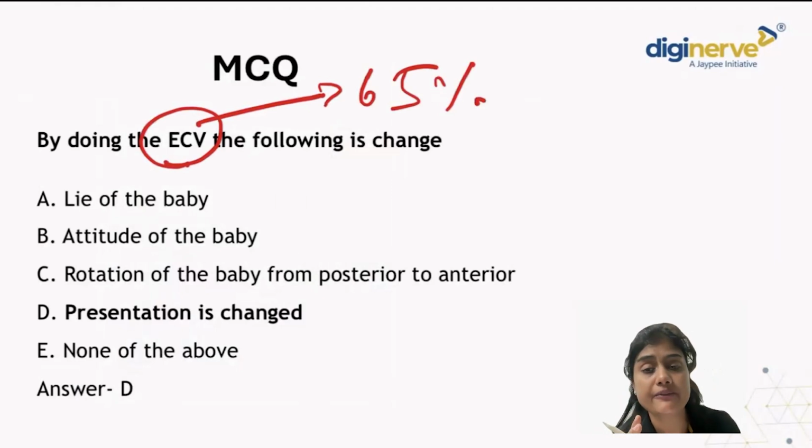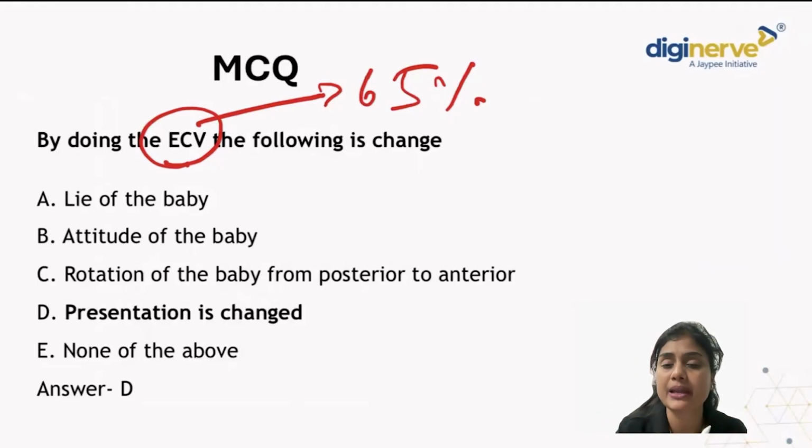Whenever you do an ECV, you should make sure that there is enough uterine relaxation, enough liquor for the baby to rotate, and you should rotate in such a way that the baby is maintaining its flexion, and every 15 minutes you should check the fetal heart rate, and you should make sure there is no placental abruption post ECV.